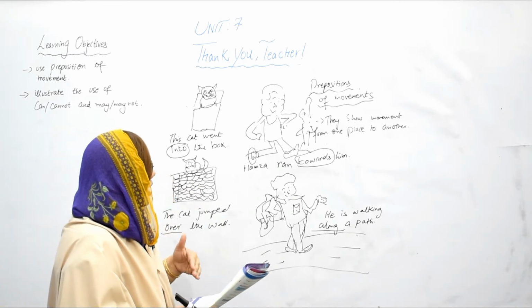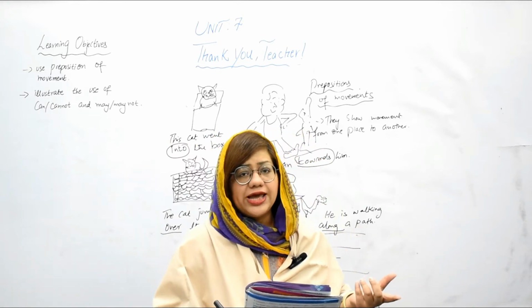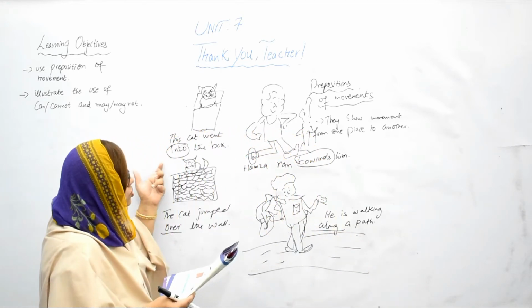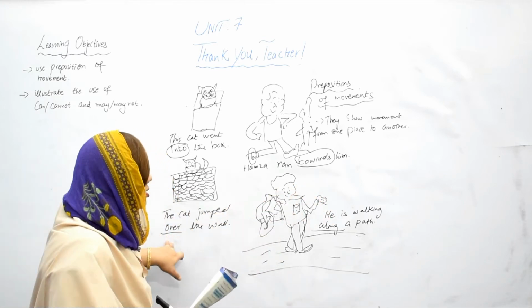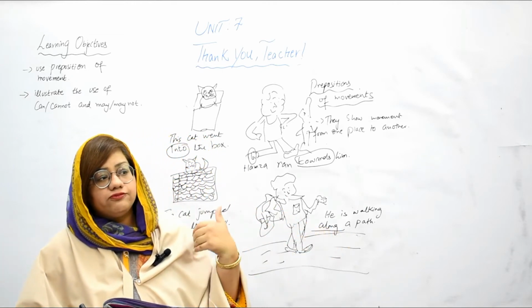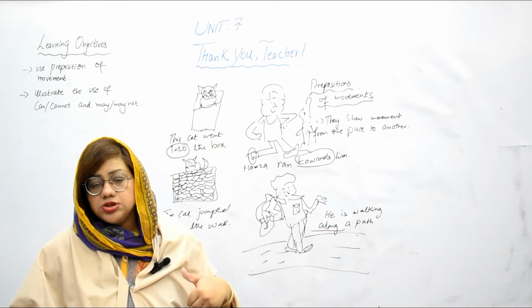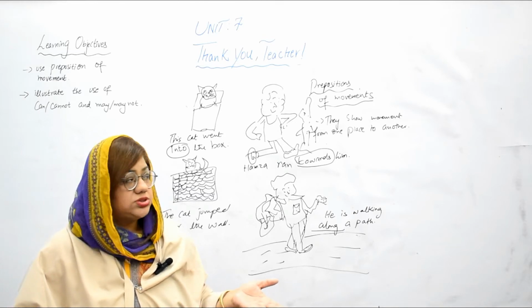So in this way, we use different prepositions. What kind of prepositions, like? Yes, into, towards, over, along, above, below. There are so many kinds of prepositions.